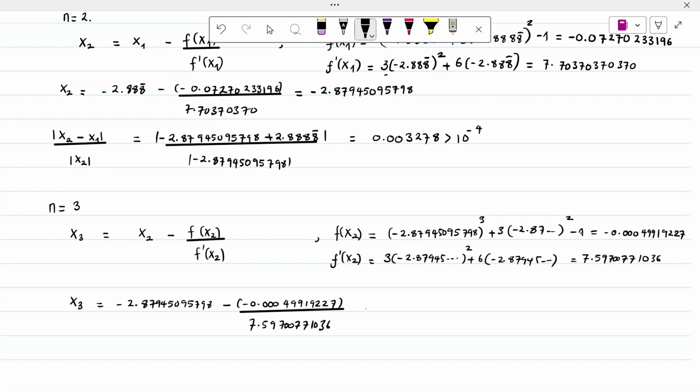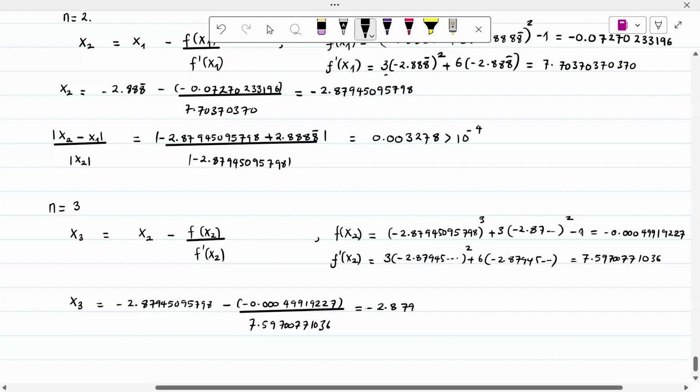So if you check that one, our x3 is about negative 2.87938524892, somewhere there. So this is our x3.